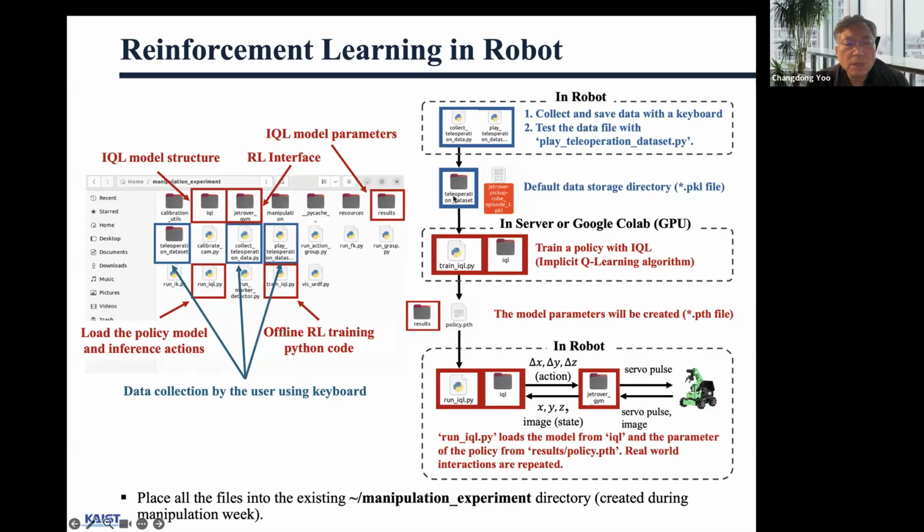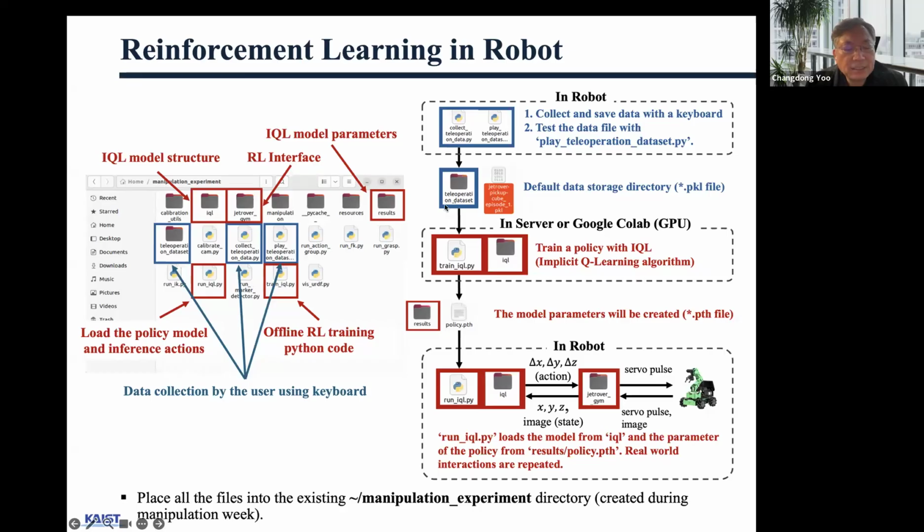You can also save the sequence of motions and play that using this play teleoperation data set. So you can actually move your mouse and have the robot look to the left side and pick up your cube, and that will be stored in this teleoperation data.